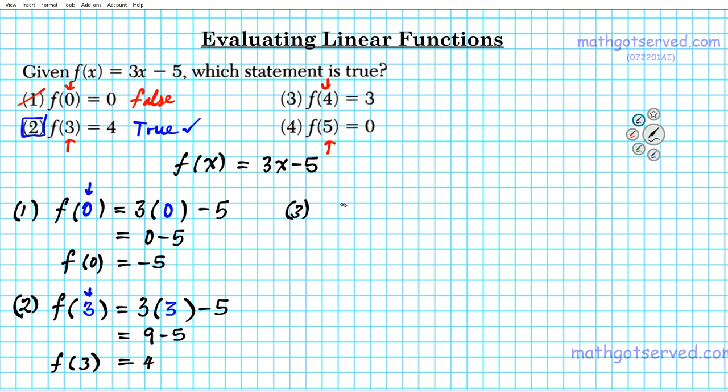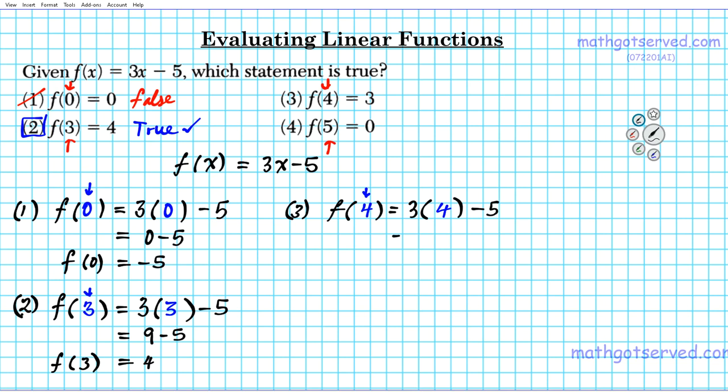Okay, so for number 3, we're looking at f of 4. If we input 4 into this function, 3x minus 5, do we get 3? So our input value is going to be 4. That's what we're inputting, because that's what the input in option 3 was, right?